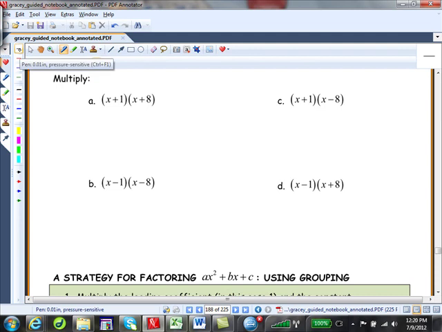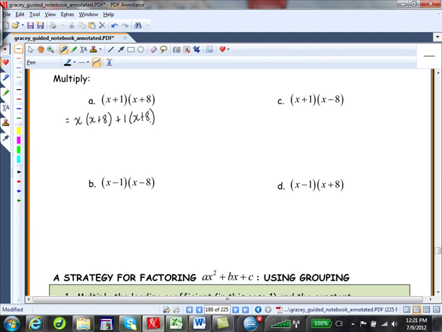Here we go. I might be doing this in a slightly strange manner, but I'm going to be using the distributive property twice, like we did when we first learned how to multiply. We're going to have x times the binomial x plus 8, and then plus 1 times x plus 8.